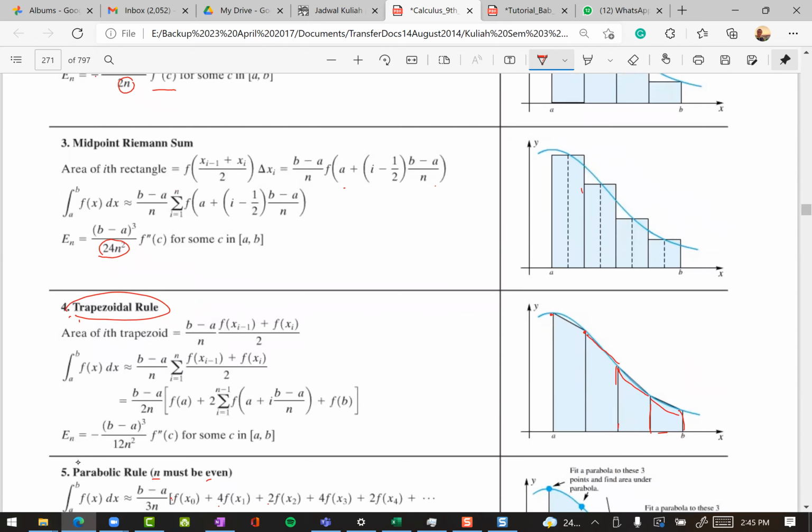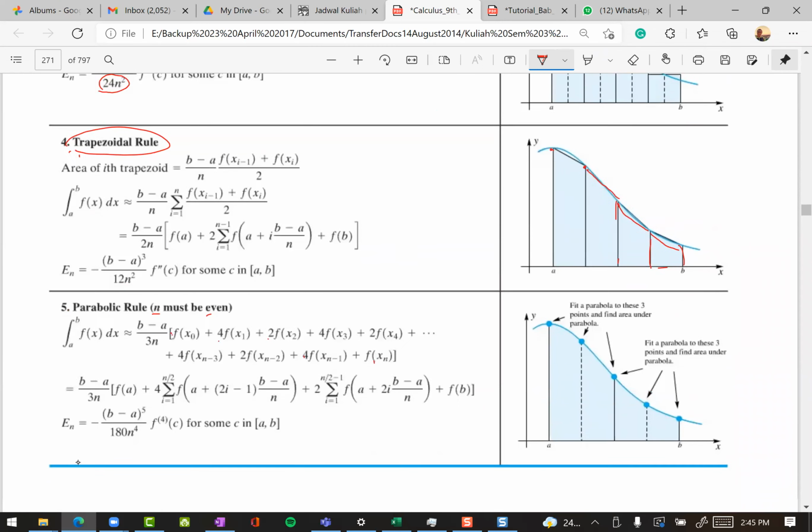Let's see the trapezoidal rule. The trapezoidal rule error is 12n squared, so this is smaller than the other one. This error is bigger than the midpoint, but it's still squared.